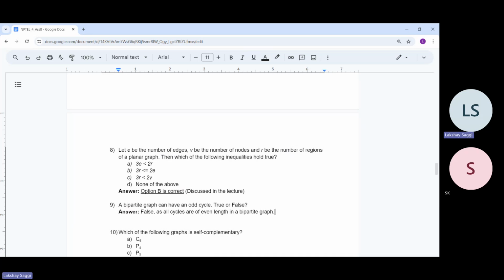This has been discussed. But the high level idea, at least, I hope is clear to you, that if we have a cycle, we start from the left side, we need to end at the left side, right? But if there are an odd number of edges, we'll start from the left and end at the right side. And that's why we can't have an odd cycle.